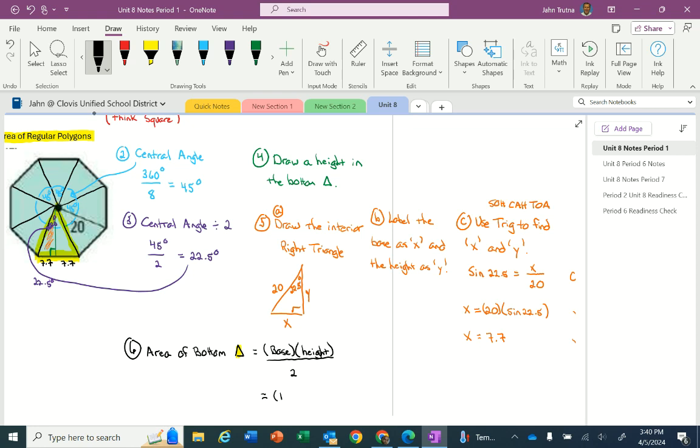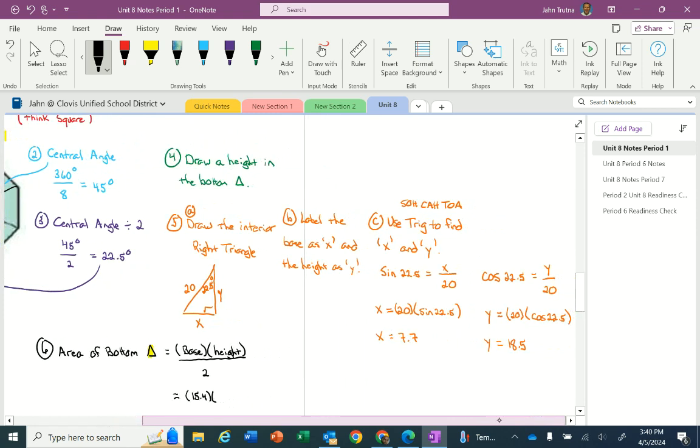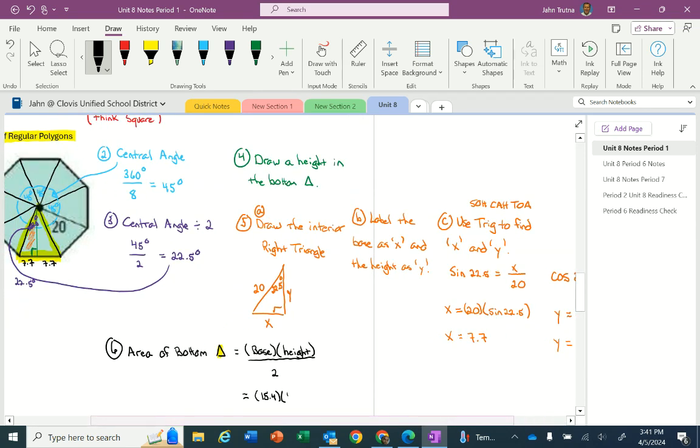So that's the base of your bottom triangle. The height of the bottom triangle is y that you got in step number 5, which we got was 18.5. So the height is 18.5.